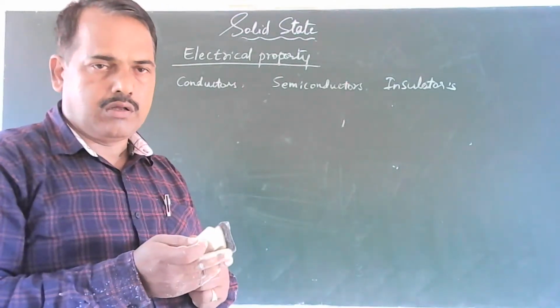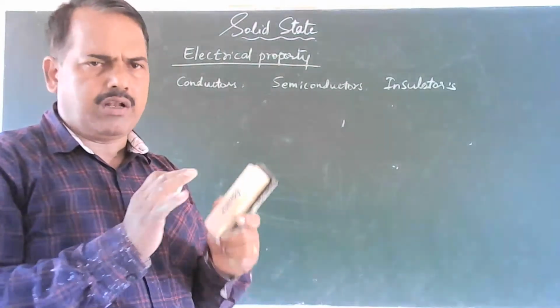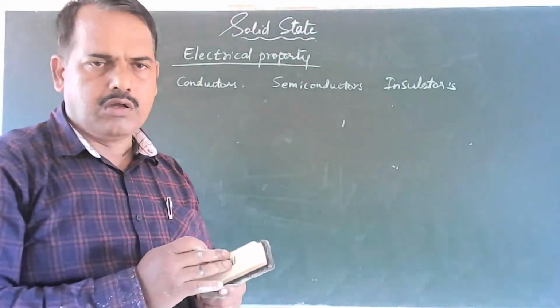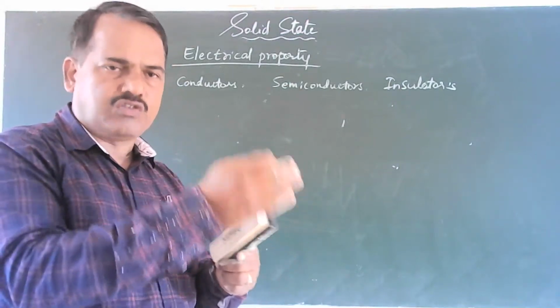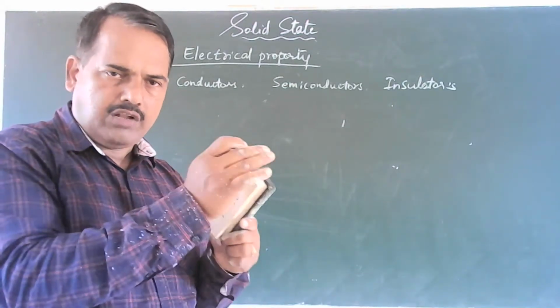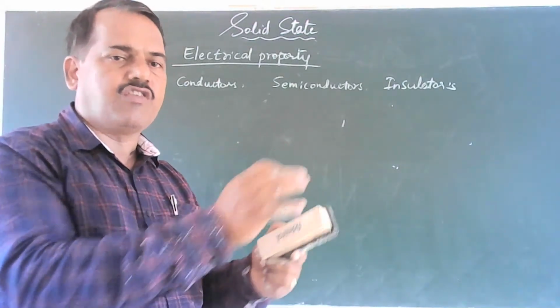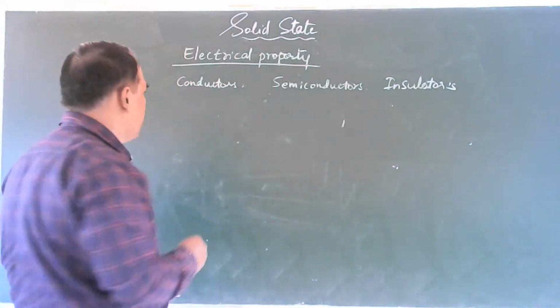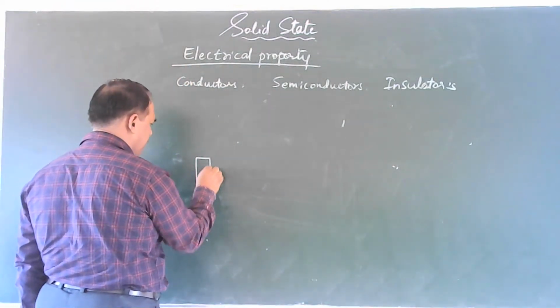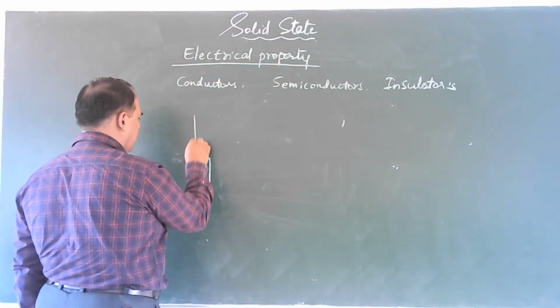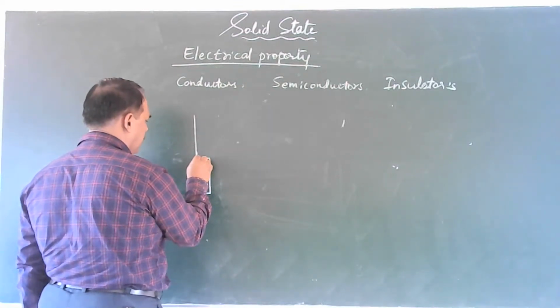What do you mean by band? Any metal is a part of atoms. The valence electrons present in those atoms form the valence band, and this is the conduction band.